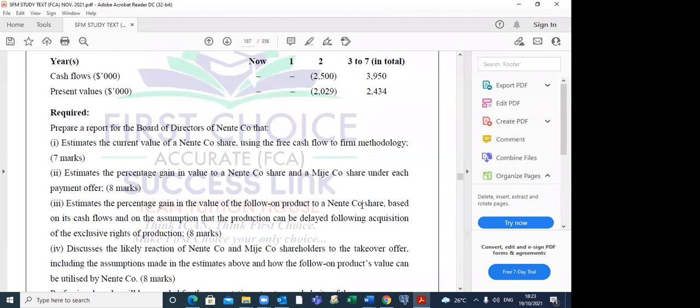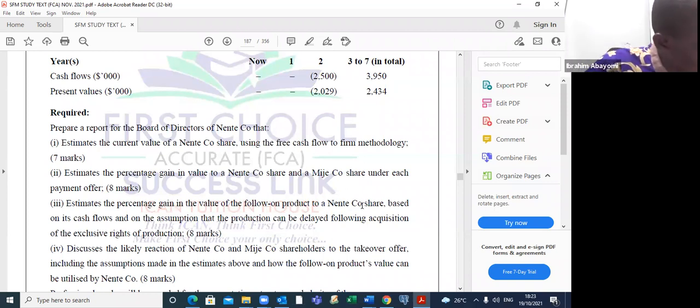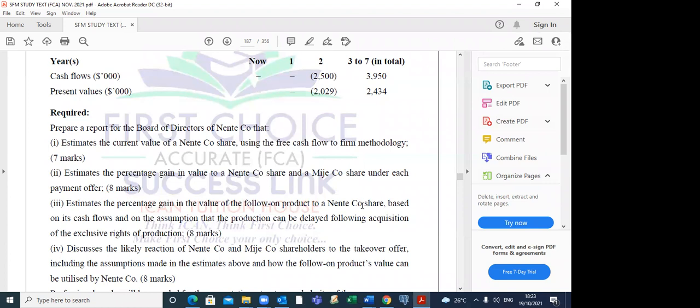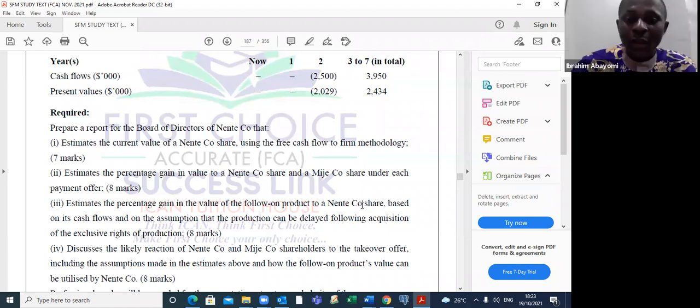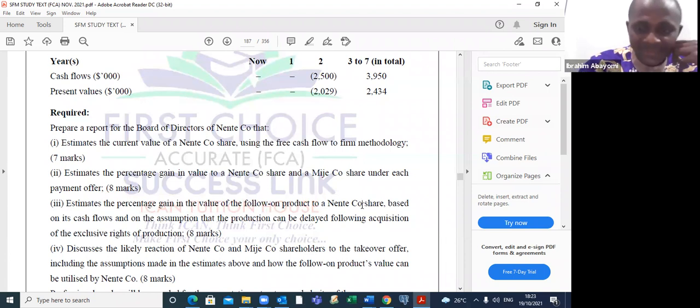This cash flow, why is it the value? Cash flow of 2005, why is it used as the exercise price? That is the value you are going to spend to do the project now. That is the amount you will spend to do the project.